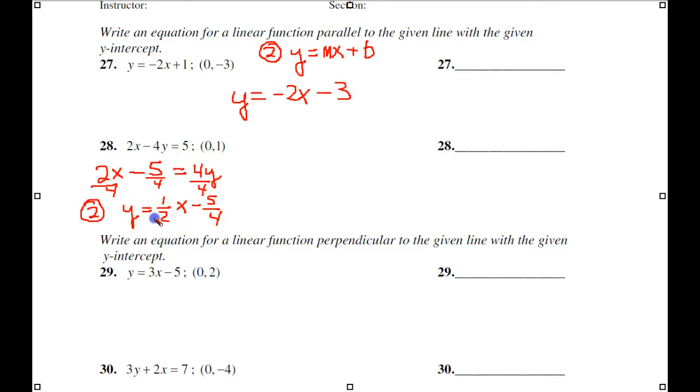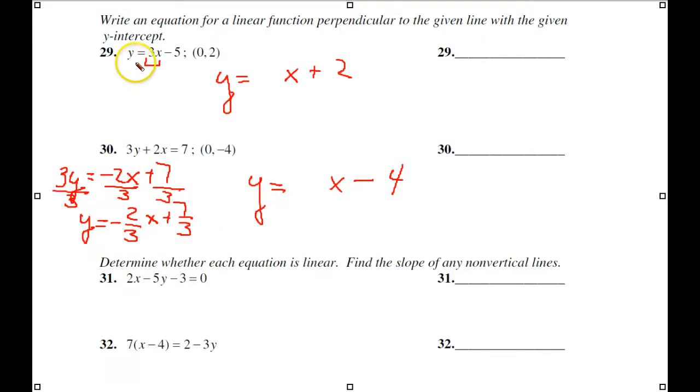So my slope of the new equation will be the same, y equals 1/2 x. But now it's going to go through this b, this y-intercept, which is plus 1. Okay? Now we're going to do a similar thing for 29 and 30, but it's going to be perpendicular.